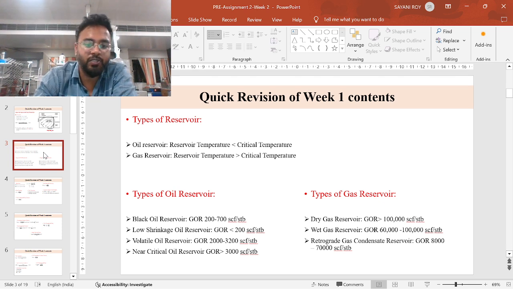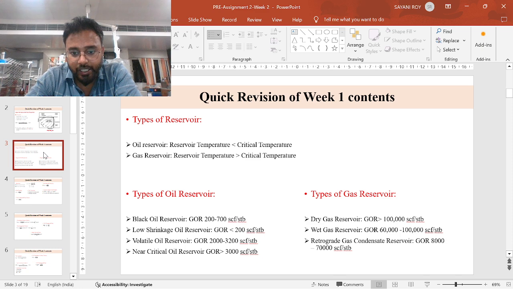For black oil reservoir, the GOR, gas oil ratio, I have already told you what gas oil ratio is in my previous class. The gas oil ratio is 200 to 700 SCF per STB. For low shrinkage oil reservoir, the GOR is less than 200 SCF per STB. For volatile oil reservoir, the GOR is 2000 to 3200 SCF per STB. For near critical oil reservoir, the GOR is more than 3000 SCF per STB.